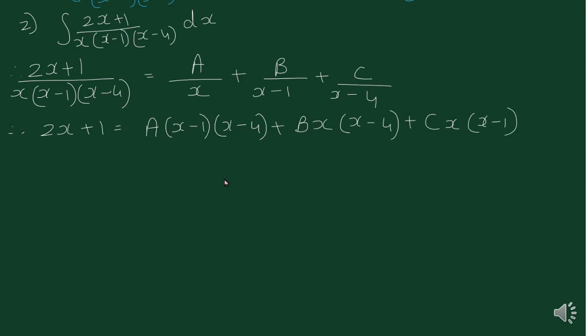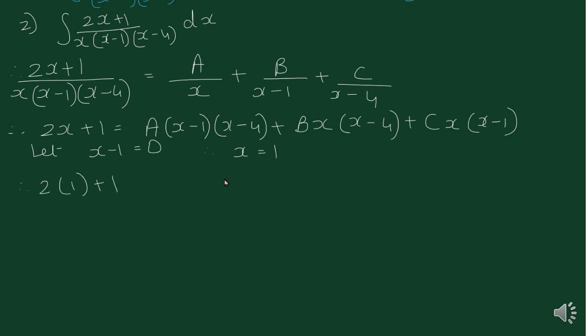Now just like we did in the previous sum, we are going to let any one of these terms, say x minus 1, be equal to 0. And therefore we get x is equal to 1. Wherever x is there we put 1.